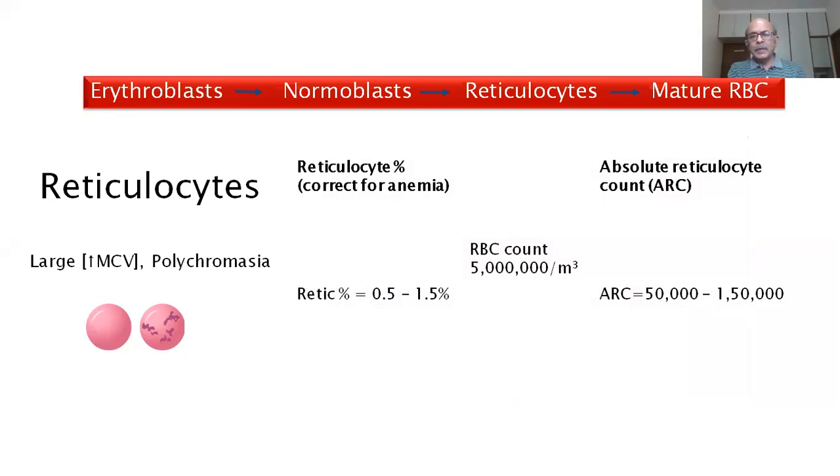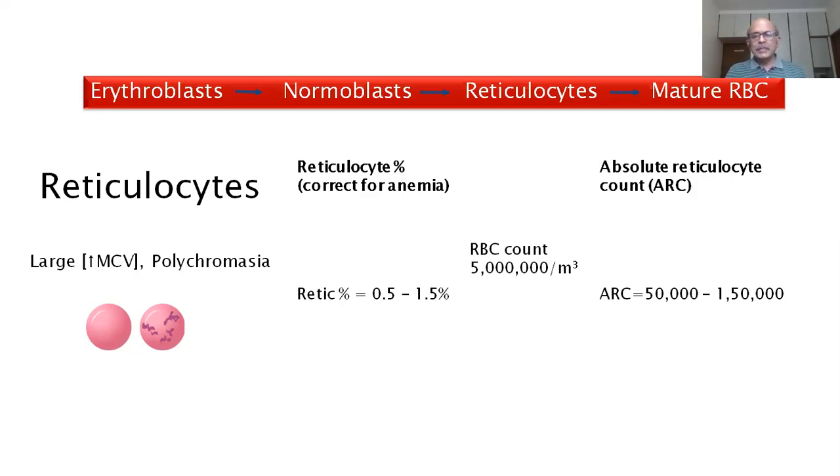The normal RBC count is 5 million. Reticulocyte percentage is 0.5 to 1.5%. So the absolute reticulocyte count is 50,000 to 1,50,000. 0.5% of 5 million is 25,000... 0.5 into 5 million is equal to 50,000, and 1.5 into 5 million is 1,50,000. So the normal absolute reticulocyte count is 50,000 to 1,50,000.